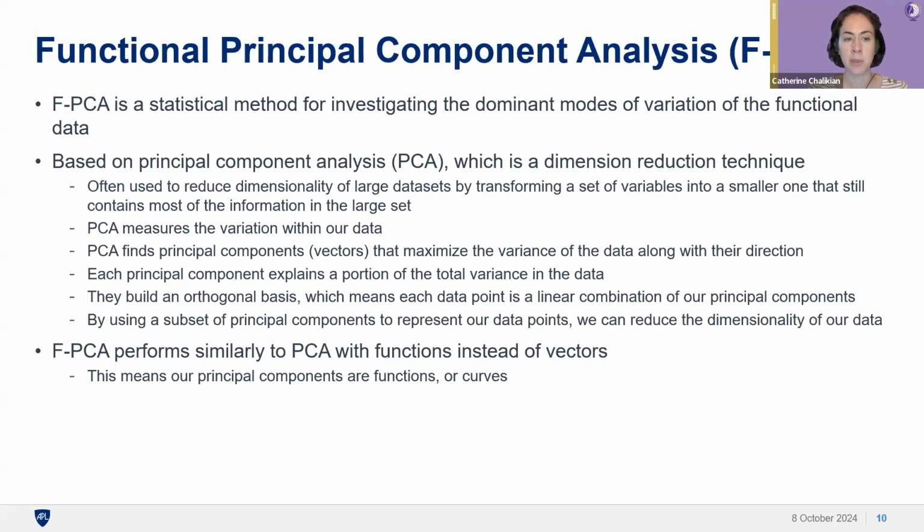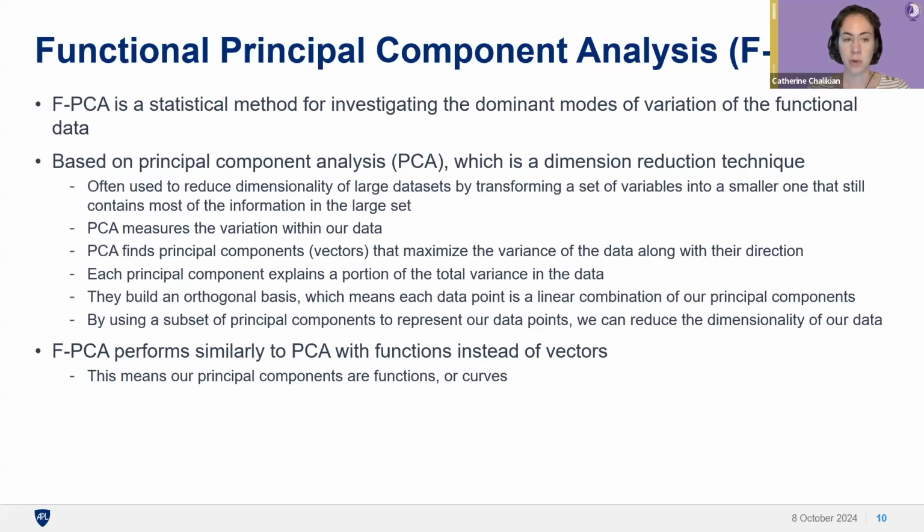PCA finds the principal components that maximize the variance of the data along with the vector direction. And each principal component explains a portion of the total variance within the data, with the first component explaining the largest amount, the second component explaining the second largest amount, and so forth.